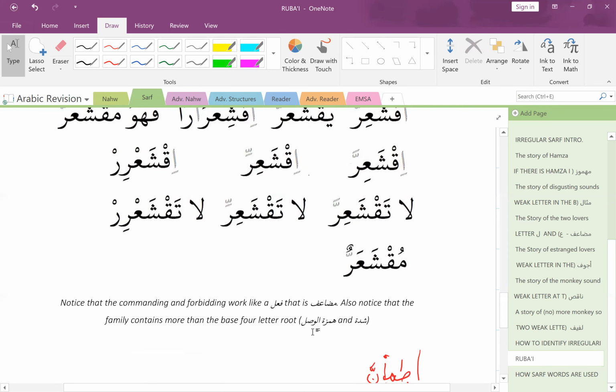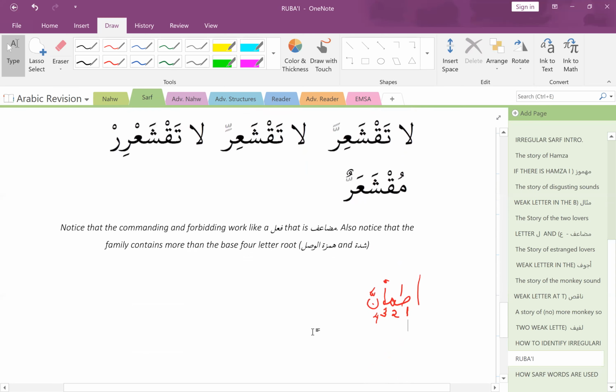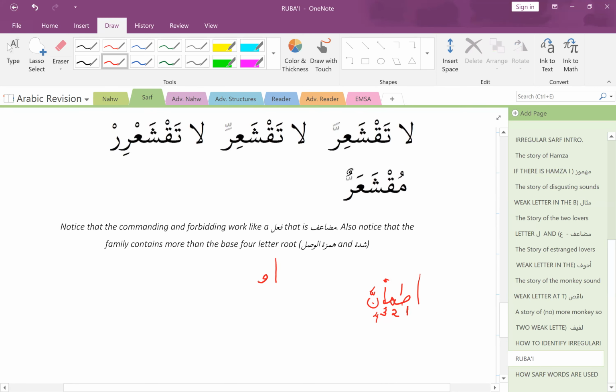So the same thing. This container would be افعلل. Okay, so itma'anna is if'alala, but because it's mudha'af, it's going to be if'alla, basically.